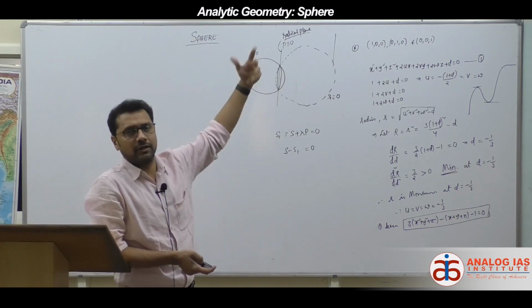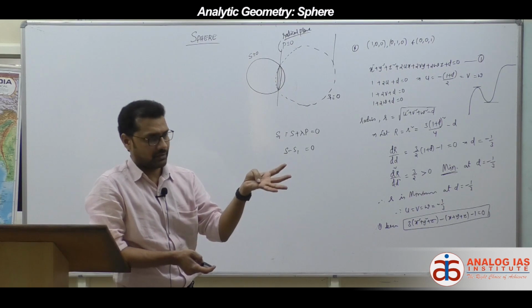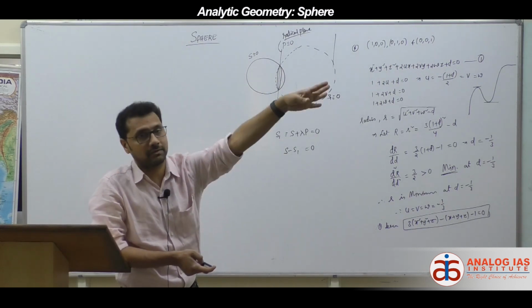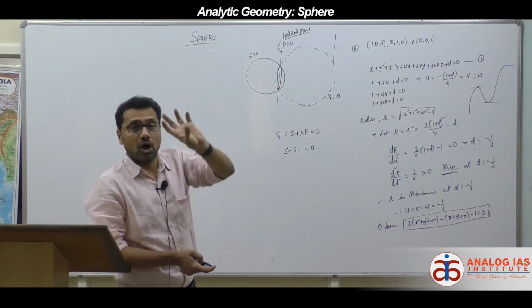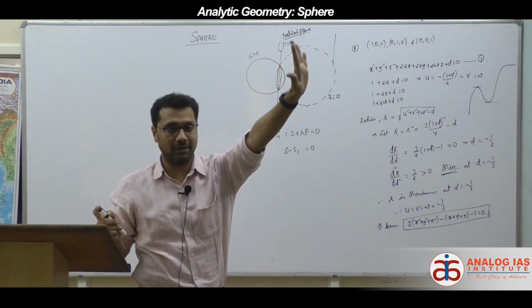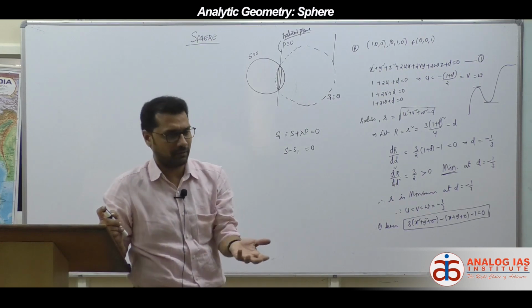That can be given in different ways. One is the new sphere is passing through a point, so that you will get lambda, or the new sphere is touching another plane, or the new sphere is intersecting another sphere orthogonally. That means at 90 degrees. Like this, there are different contexts that can be there.